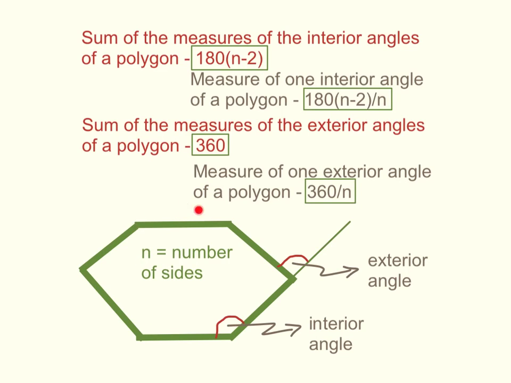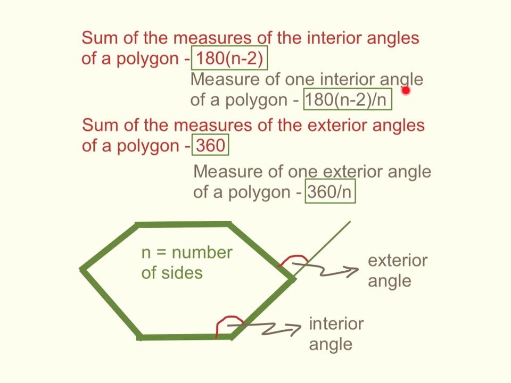So here my six-sided figure would be 6 minus 2, or 4, times 180, which is 720. So the sum of the measures of the interior angles of a hexagon is 720 degrees.